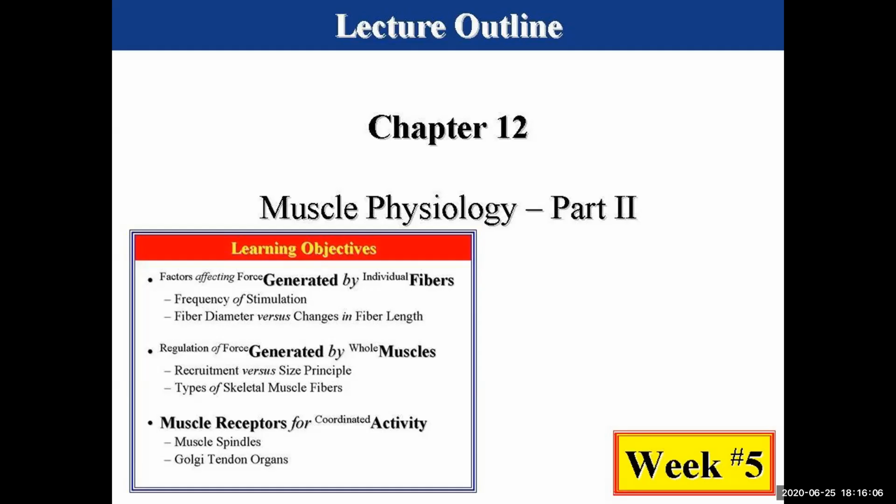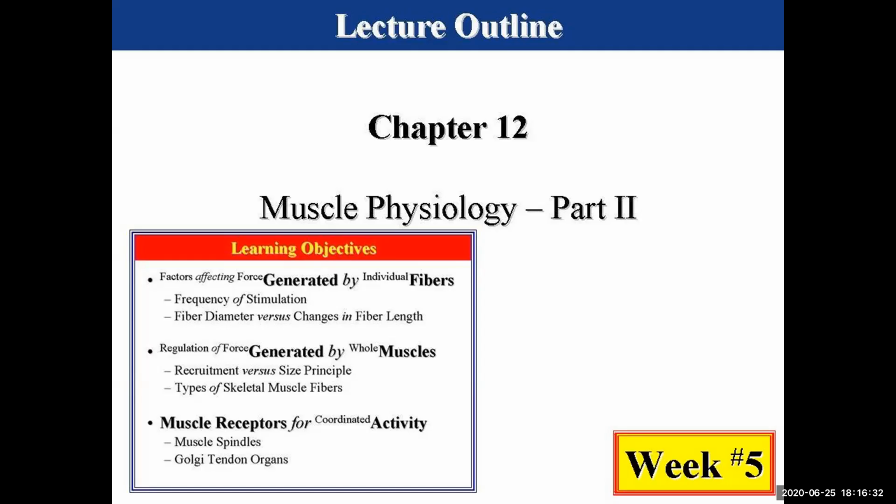tension, right? So when they generate this tension, when they contract, we're going to see also factors affecting the intensity of that tension. The force of the contraction being generated is affected by various factors, whether at the cellular level or at the organ level.